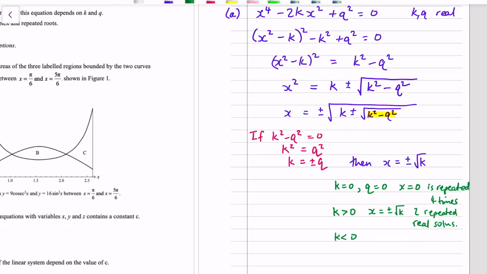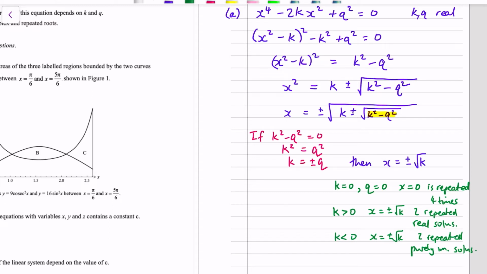If k is less than 0, and in this case, whatever k is, q is the negative of it, then x is still plus or minus root k, but it's 2 repeated purely imaginary roots. Okay, so they are very trivial cases because it's when k is plus or minus q.